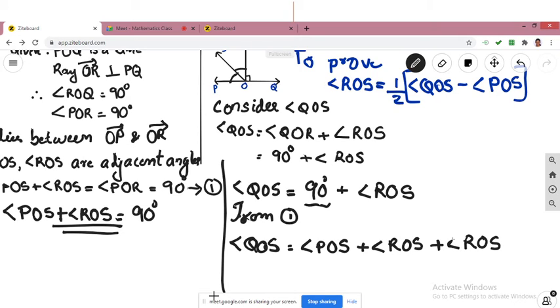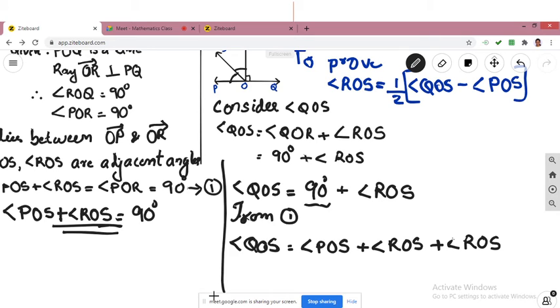So, did everyone understand till here what we were doing? We found two adjacent angles. We understood that their sum is 90 degree, and then we considered an angle QOS, that is the sum of 90 degree plus another angle ROS. Then from this equation we substituted it here.